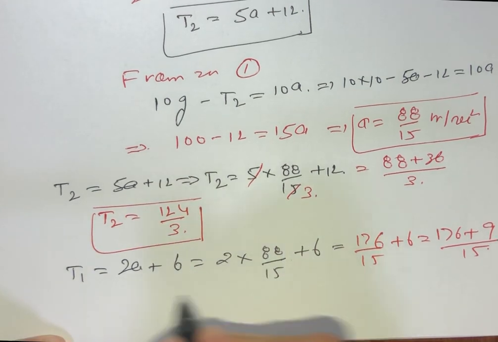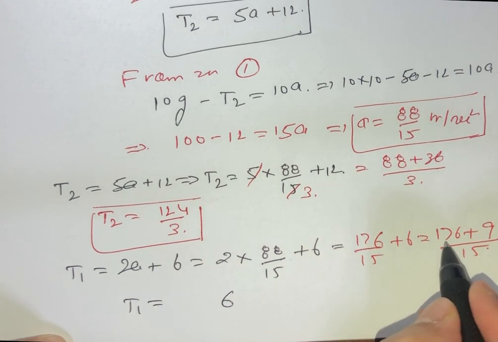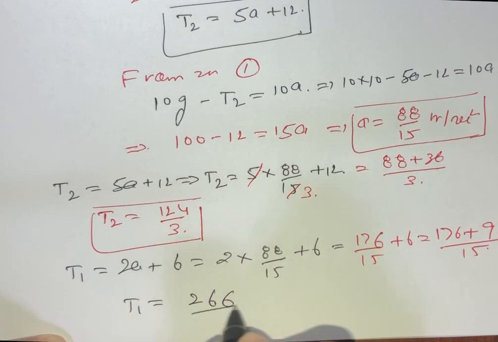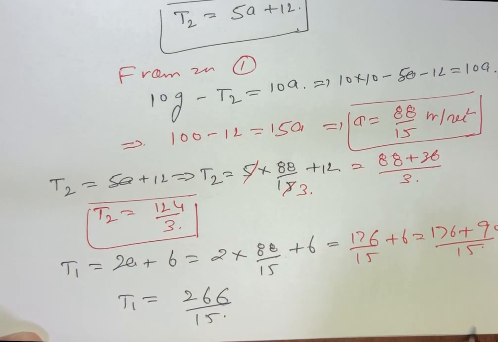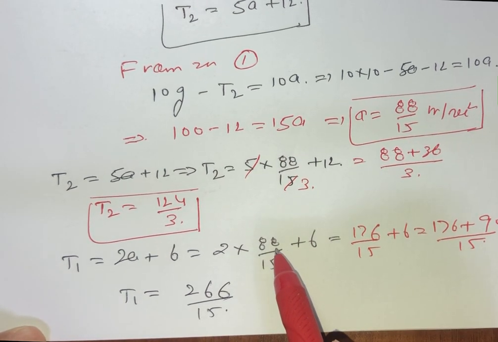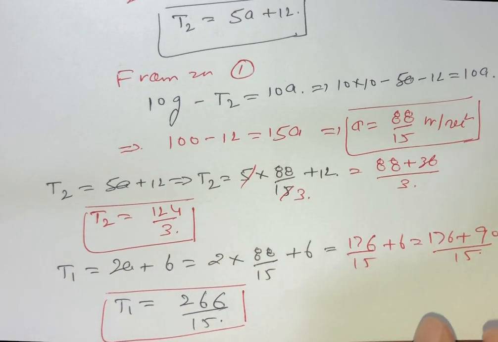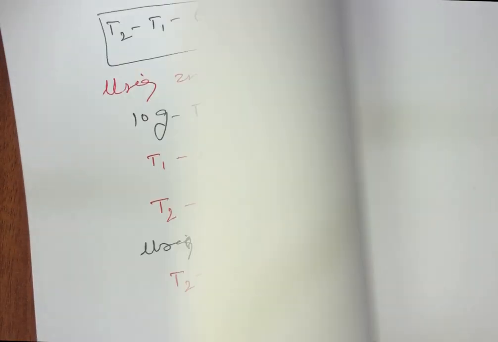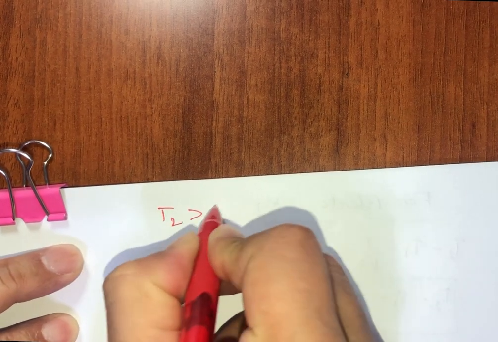So we get T1 will be equal to 266 divided by 15. Let me check the calculation. Yeah, I think this is correct. And so we have T1 and T2, so we can make a comparison. And from here we can say that our T2 is greater than T1.